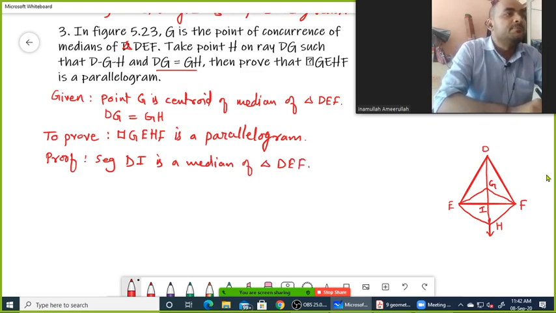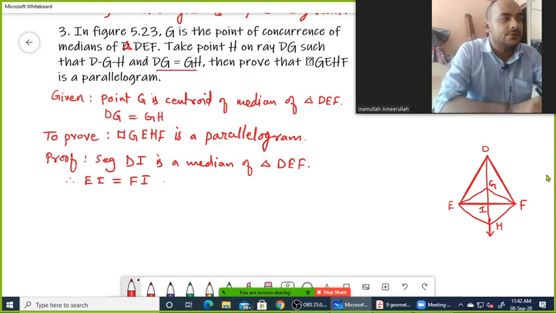If it is a median, then it must divide the opposite side, that is EF, into two equal parts. So therefore we can say EI is equal to FI, because DI is a median of the triangle, and this is information number 1. We will leave this information here only.